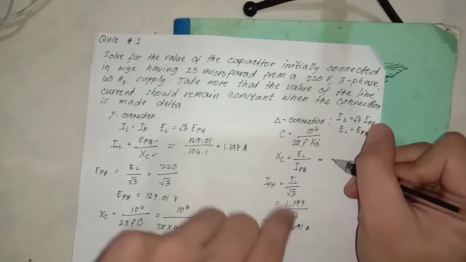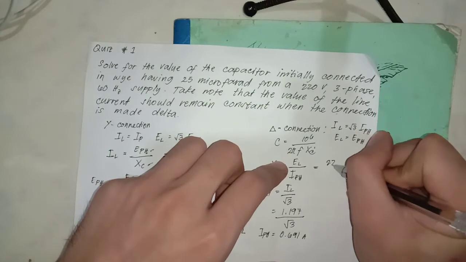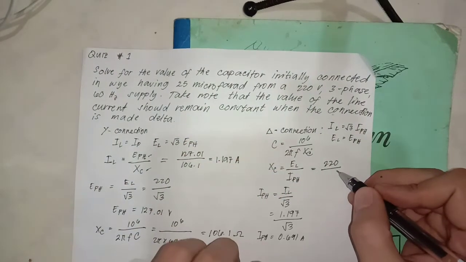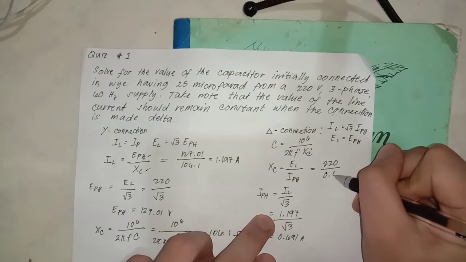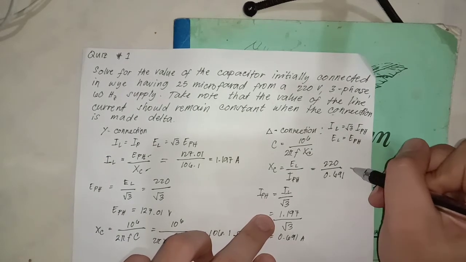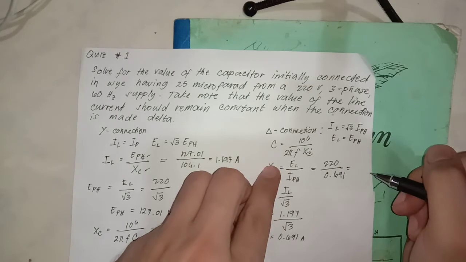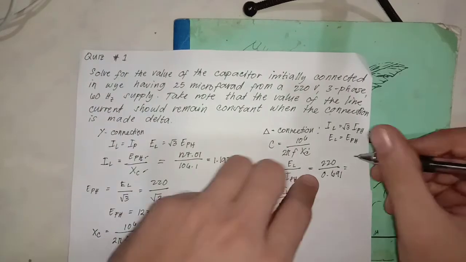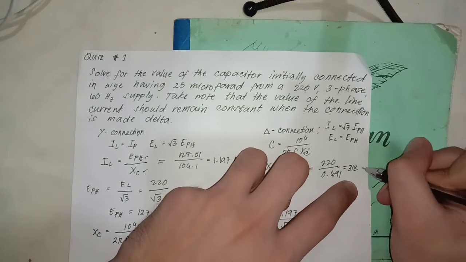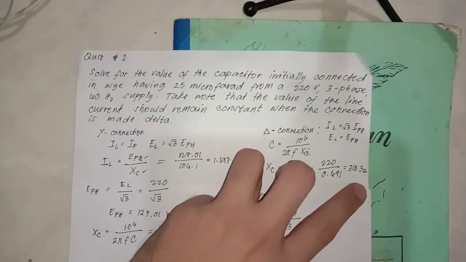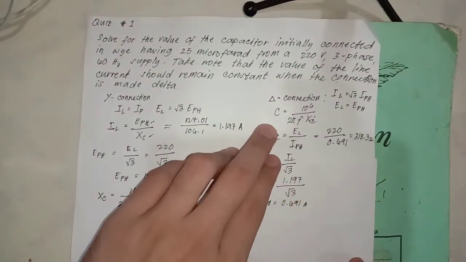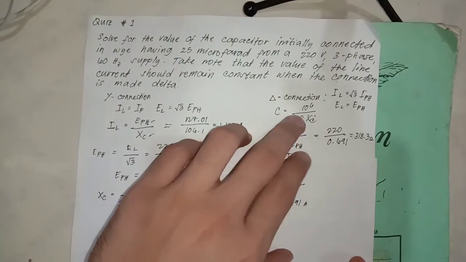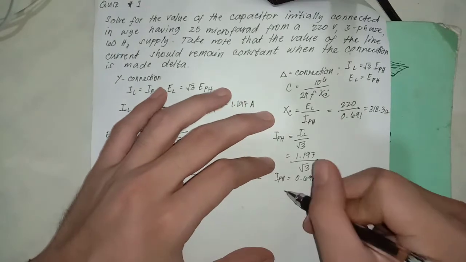Since we have the value of line voltage, which is 220, and now the value of the phase current, 220 divided by 0.691. So we have now the value of our capacitive reactance. So calculate, the value is 318.3 ohms. So we have now the XC, so we can now solve the value for the capacitance.